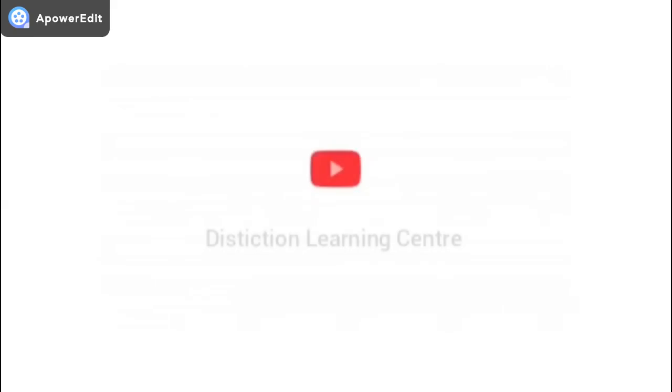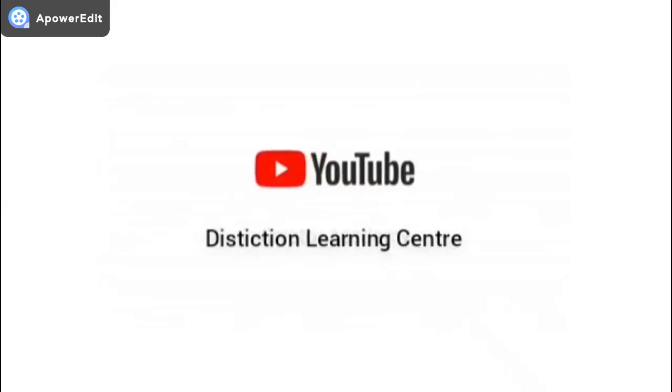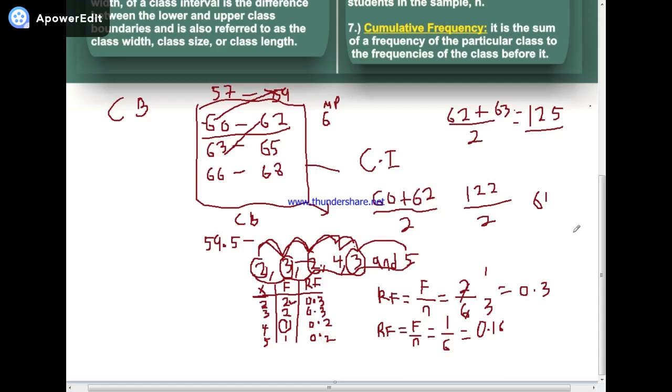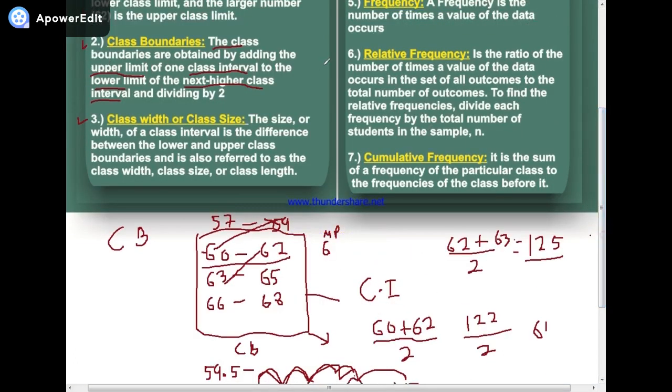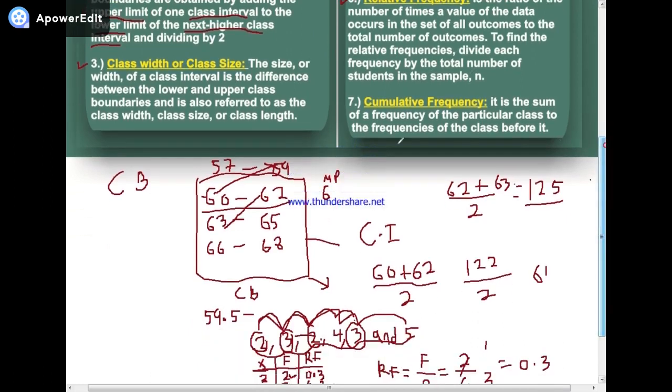Now the next one is cumulative frequency. Now, what is cumulative frequency? It is the sum of a frequency of the particular class to the frequency of the class before it.